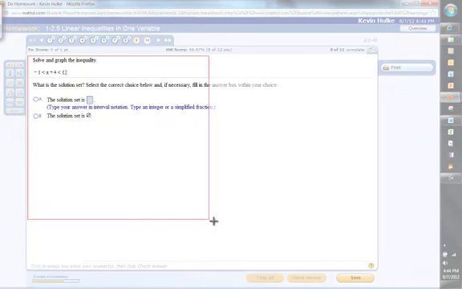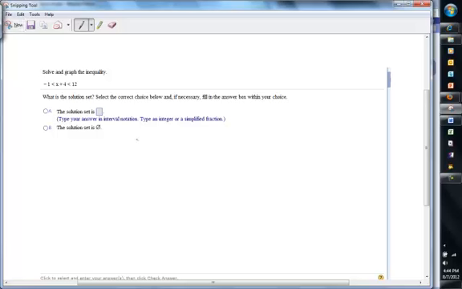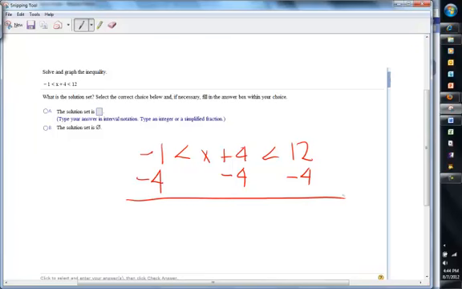Number 9. Now we've got a compound inequality. So negative 1 is less than x plus 4 is less than 12. Whatever we do, we have to do on both sides of the inequality. So I'm going to subtract 4 from everything. So negative 5 is less than x is less than 8.